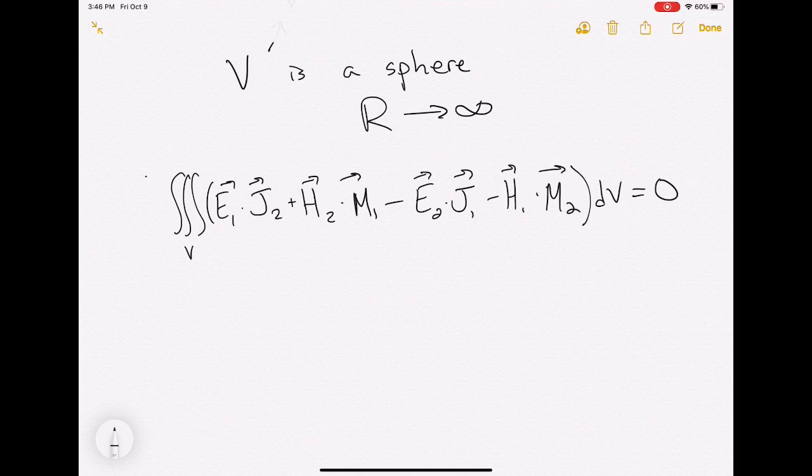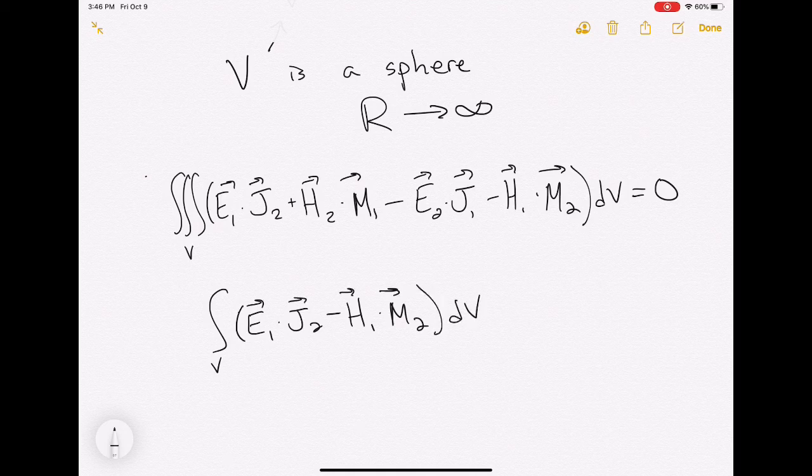So we'll say the volume integral of E1 dot J2 minus H1 dot M2 is equal to the volume integral over the same volume of E2 dot J1 minus H2 dot M1.